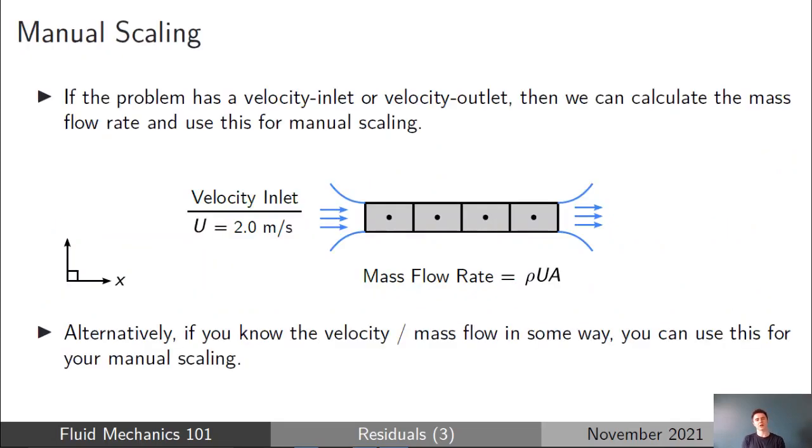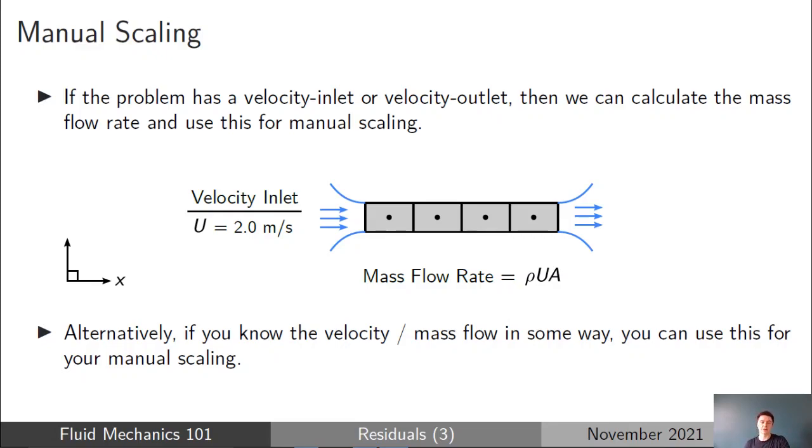And if we have a simple geometry, or a geometry that we can look at and do some hand calculations manually, then we can often pick out what the mass flow rate would be ahead of time and use manual scaling for that. So for this particular case with the 1D channel, if we have a velocity of 2 meters per second, for example, coming in at a velocity inlet, then we can calculate the mass flow rate from that. That will give us a representative mass flow rate for how the mass should be flowing through the domain for all of the cells in the mesh.